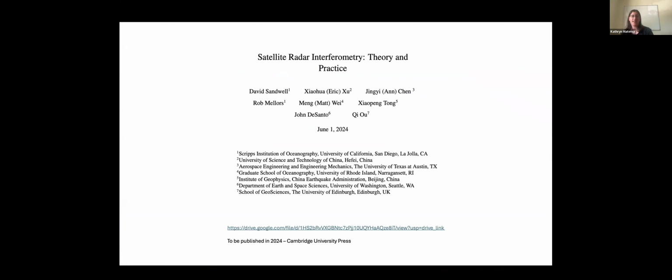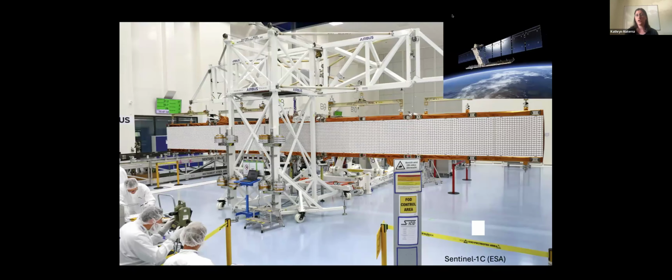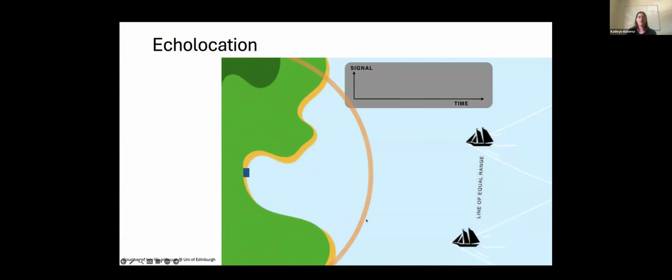SAR satellites like Sentinel-1 look something like this, maybe 10-ish meters across, and by the end of this lecture, you'll have an understanding of why they have to look like this. The underlying theory begins with the perhaps familiar concept of echolocation.